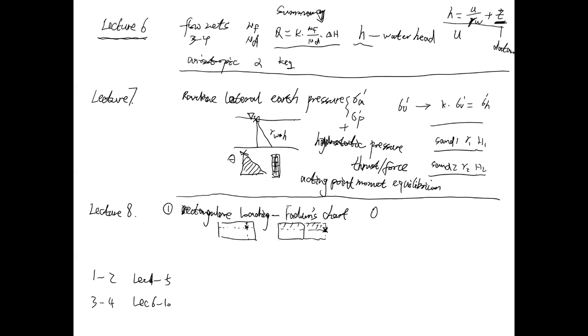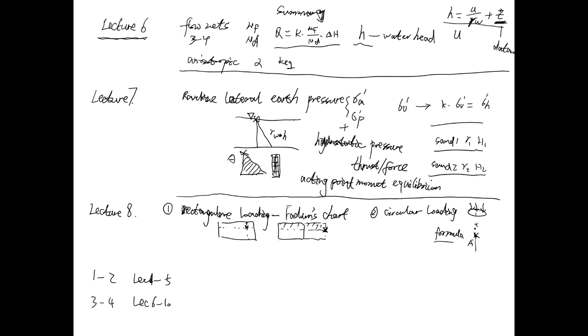Circular loading is the second most important part. If your point of interest is directly below the center of the circular loading, then you refer to point A and use the formula.